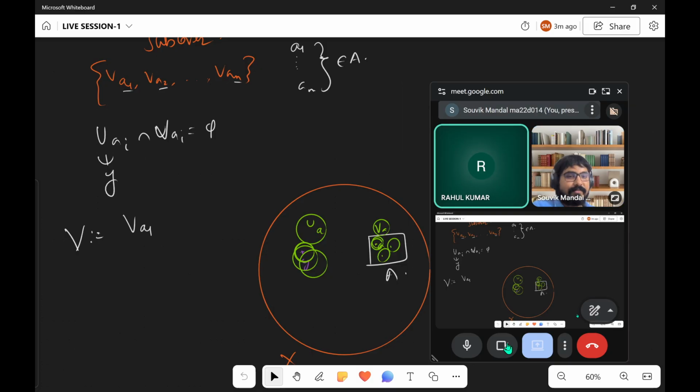Y, X minus the intersection of these, capital V. The capital V lies within X, so X minus this capital V. But it will be a closed set, right? X minus capital V will be a closed set, correct?